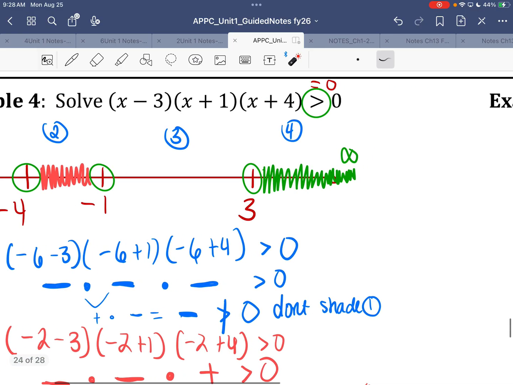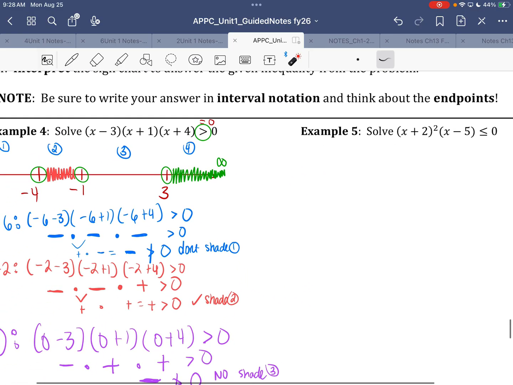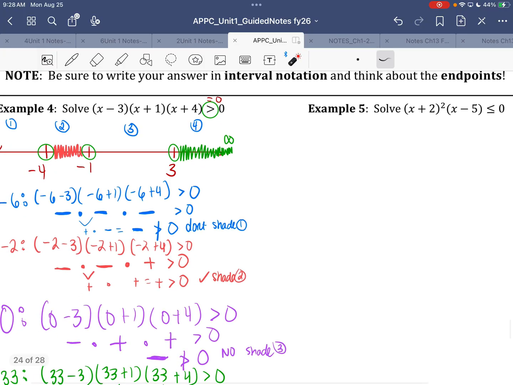That being said, try to work on example 5. You may work with your table. Think about what's happening at negative 2. Look at its multiplicity.